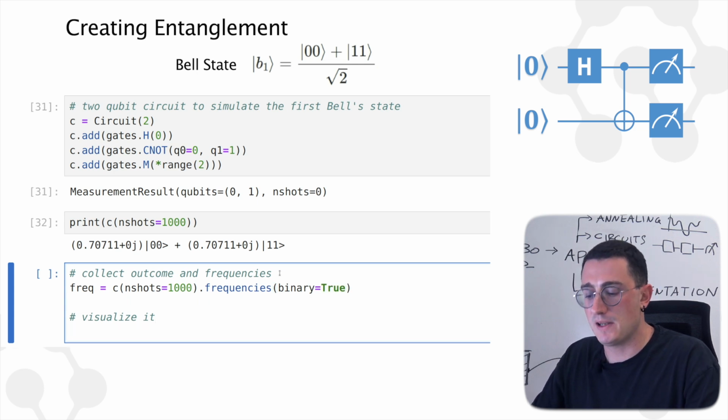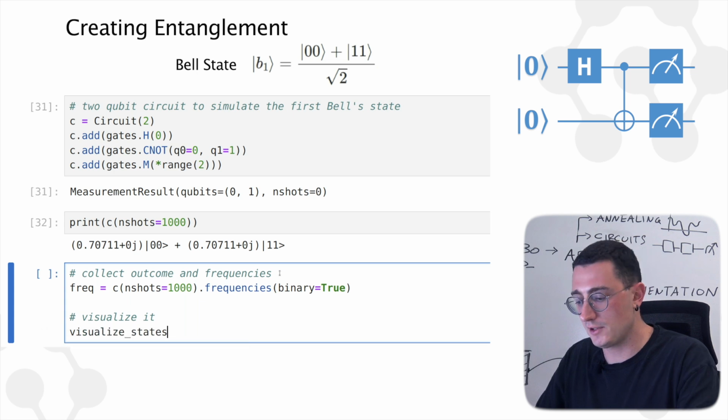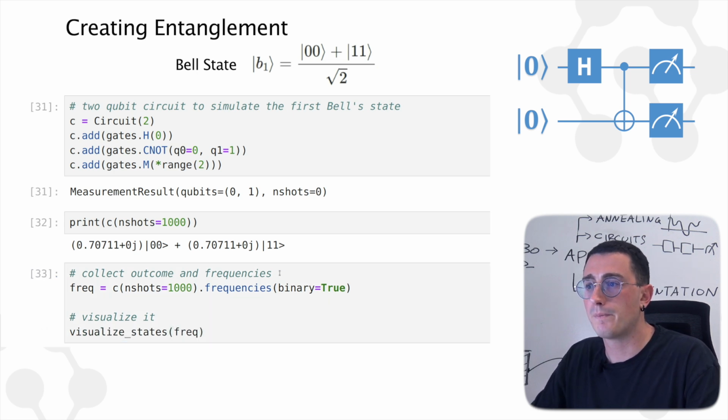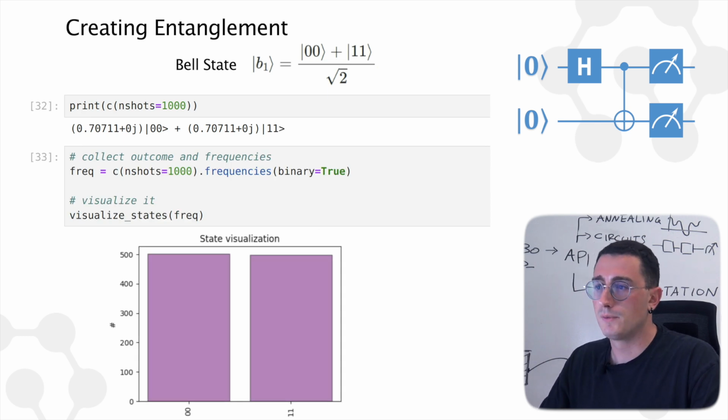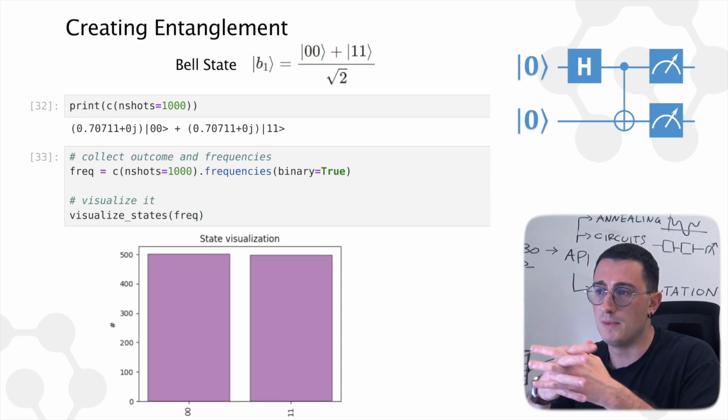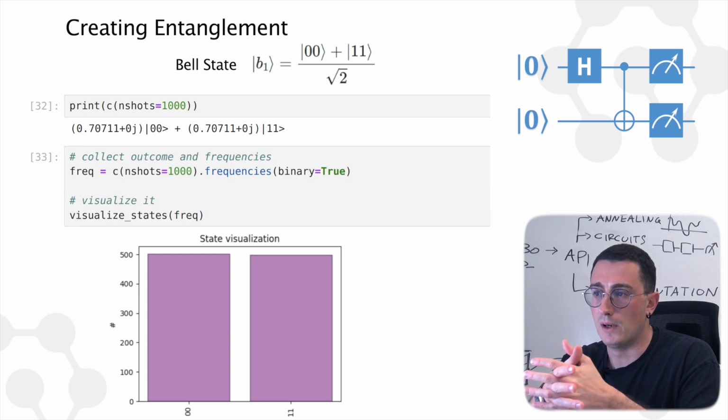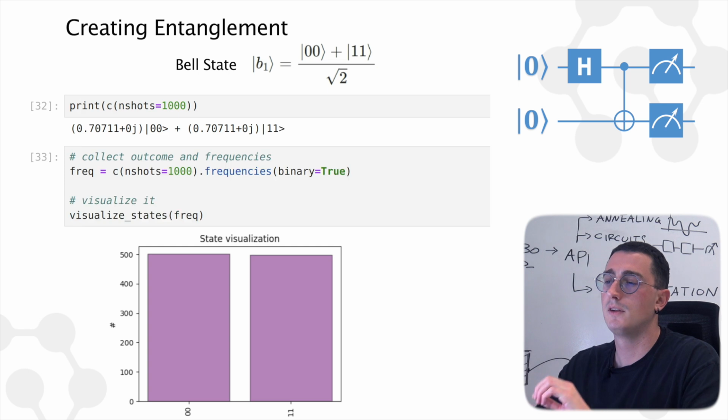And then we can just pass to the visualize states function the dictionary freq. As you can see from this plot, it is what we expected. So the two bars are basically equal. Half of the time we get 0, 0, half of the time we get 1, 1.